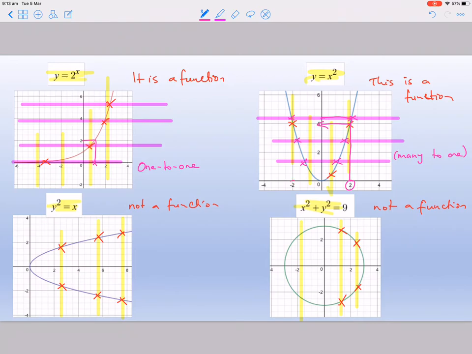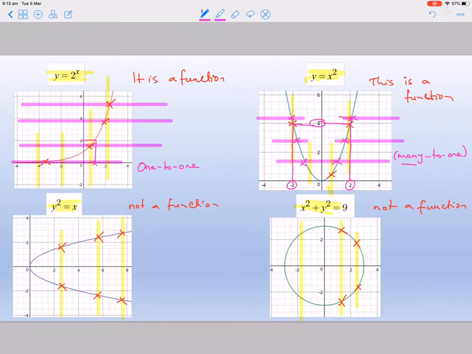But also, if I get -2, I go up and I get the same value, 4. So many is more than 1. You get 2 values of x that give you the same value of y. That's where the many to 1 comes in. It's a different type of function, we're just labeling them.